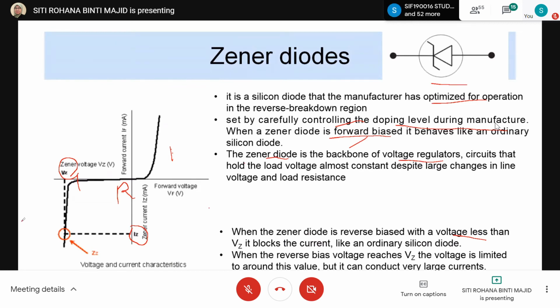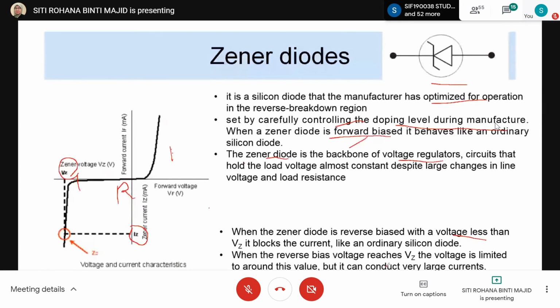This is VZ, I circle it here. And when the reverse bias reaches VZ, the voltage is limited around this value, but it can conduct a very large current.